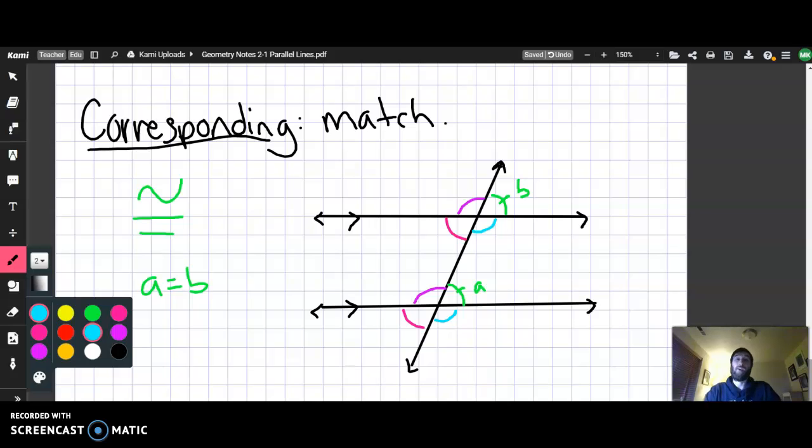All four of those angles correspond to the matching color because those angles match in their location. B with A in green, the teals, the pinks, and the purples, they all match. They're all the same size to each other, so they're all equal to each other. The two blues are equal, the two pinks are equal, and the two purples are equal.